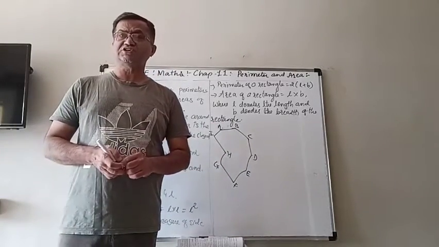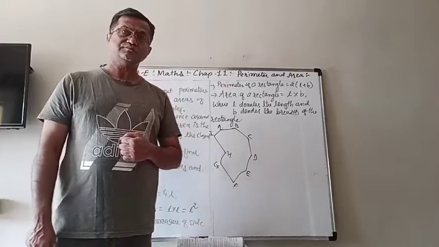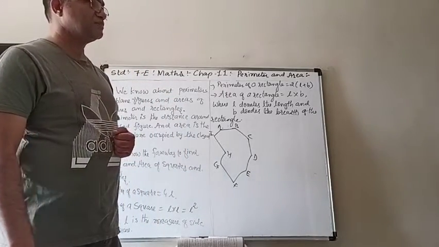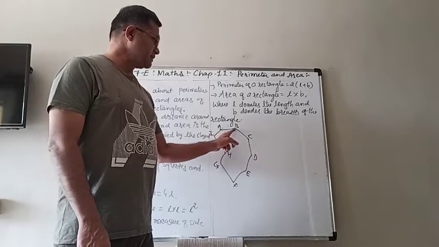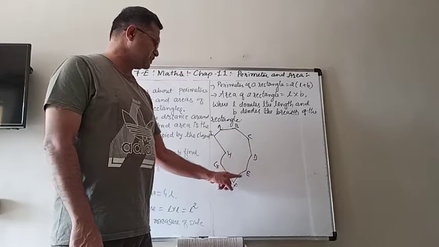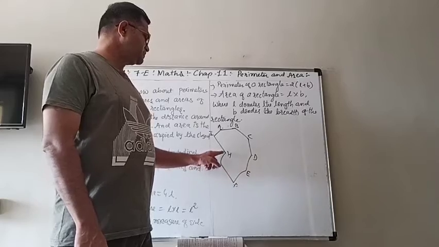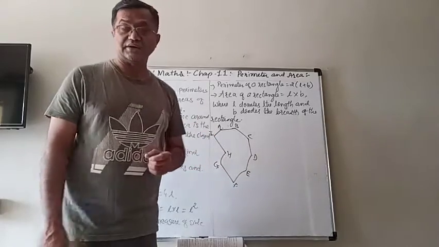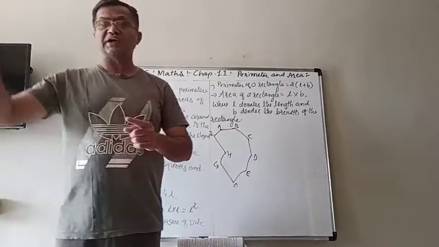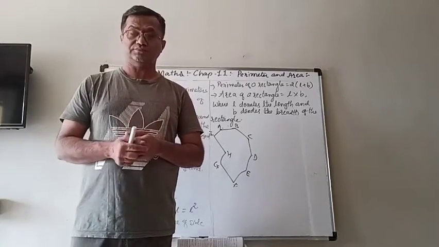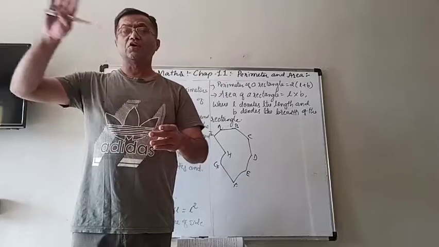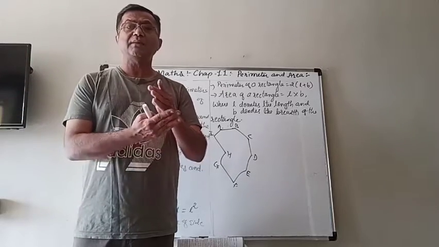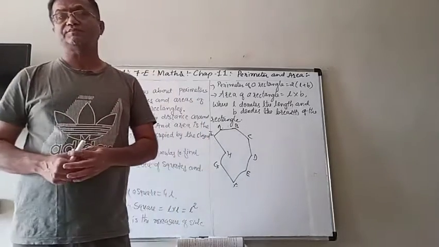Then what is the total distance covered by me? That will be the sum of the lengths of all those line segments: AB plus BC plus CD plus DE plus EF plus FG, GH, HI and IA. It means we have to take one complete round, from the starting point go around and come back to the starting point.